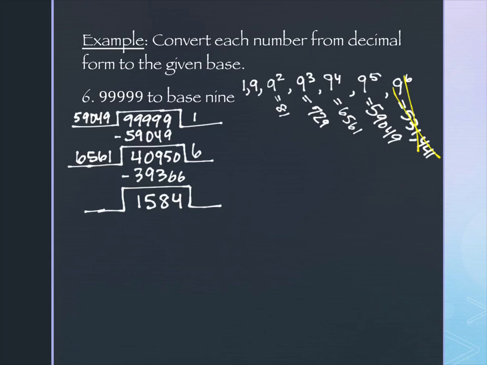All right, what will I divide by next? 729. How many times will 729 go into 1,584? Twice. So 729 times 2 is 1,458.